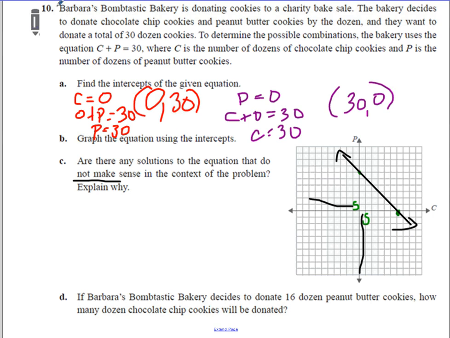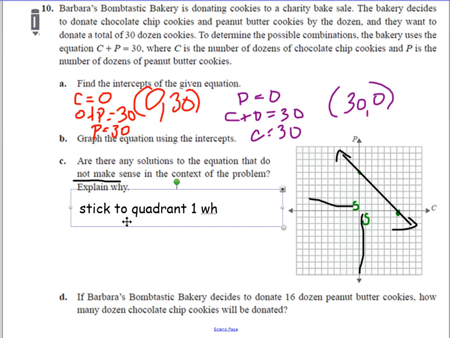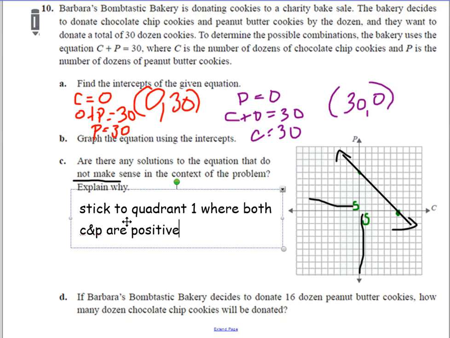So really, we need to stick to quadrant 1. One where both C and P are positive. So we can have no negative amounts.